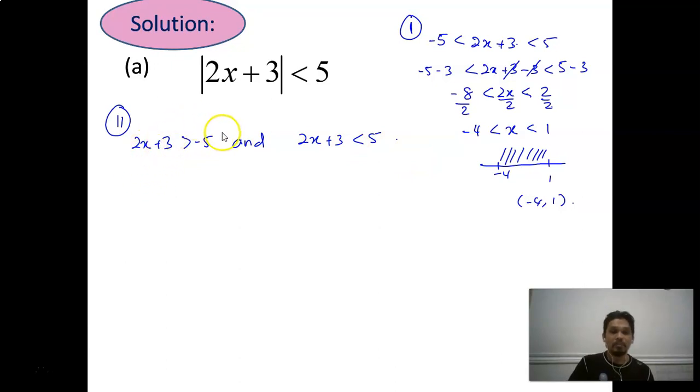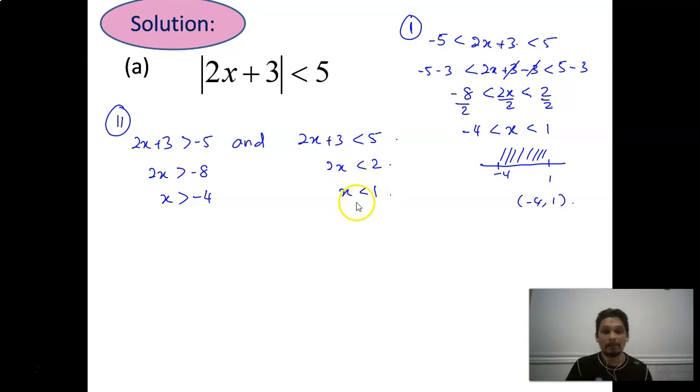Bring 3 to the other side and it becomes negative, so negative 5 minus 3 is negative 8, and x greater than negative 8 divided by 2, negative 4. For this one here, 3 brought to the other side becomes negative, so 5 minus 3 equals 2, then x less than 1. With this we have the solution on the left side and the solution on the other side. We bring them together: x greater than negative 4 and x less than 1.